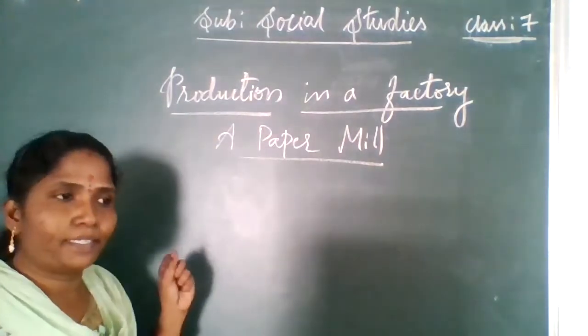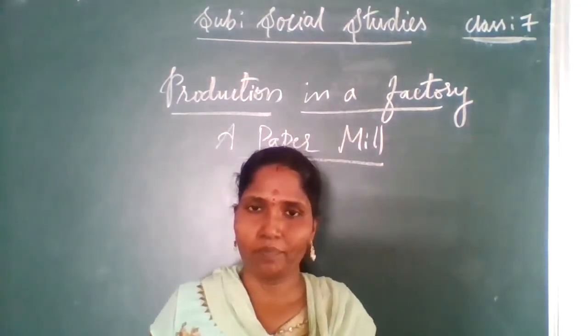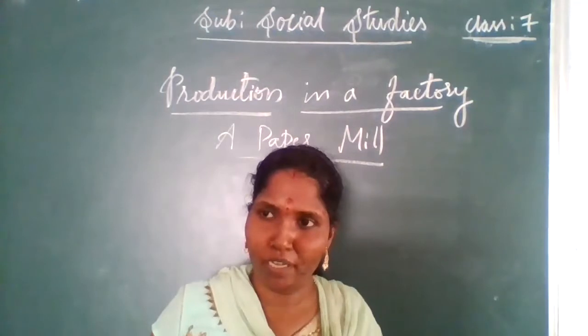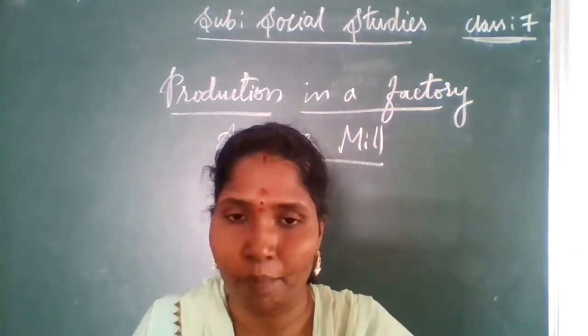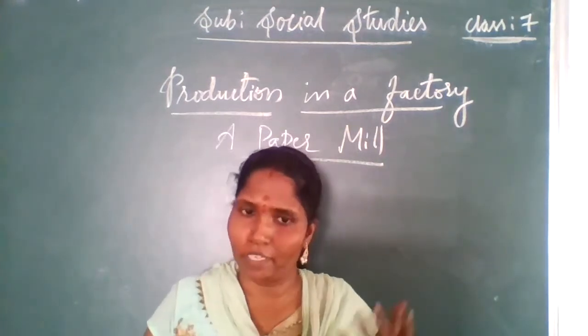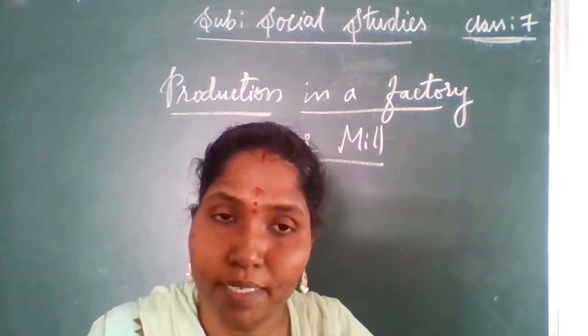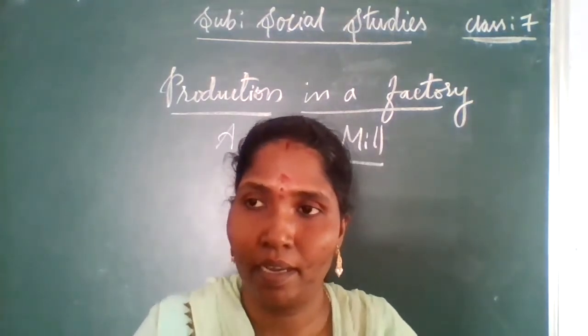So like this, we produce something in a factory. It's called production, whatever the good may be. But in order to produce something, we need the raw materials. You all know, isn't it? Because we studied in the last lesson what the raw materials are.